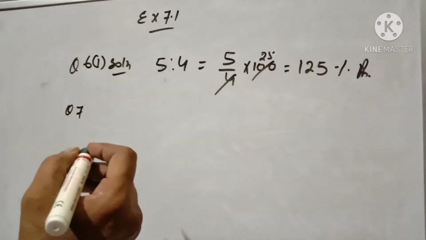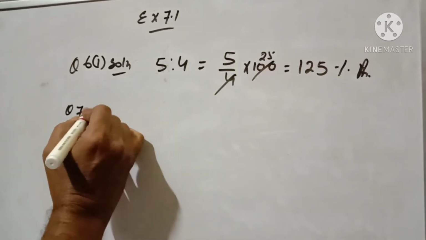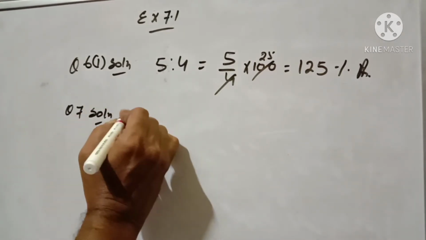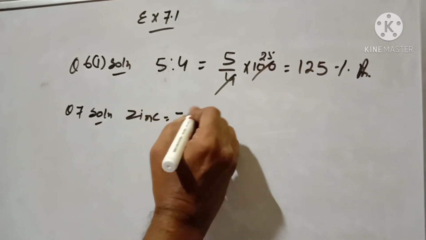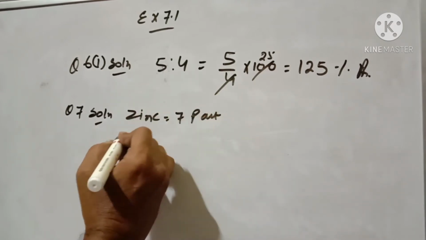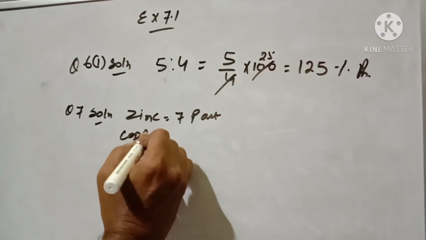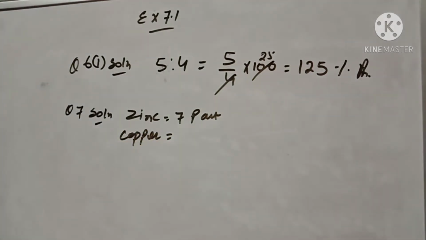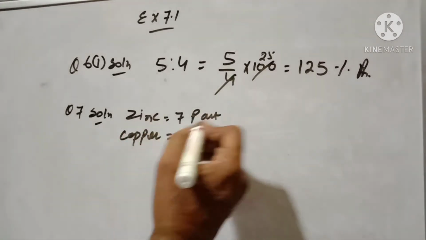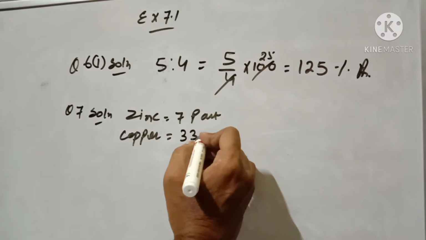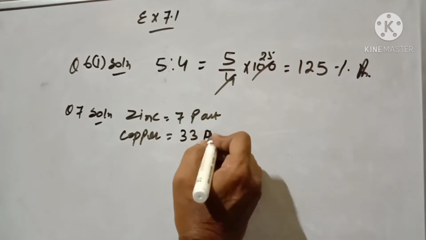Solution, zinc is given 7 part, and copper is given 33 part. 33 part. Write down.